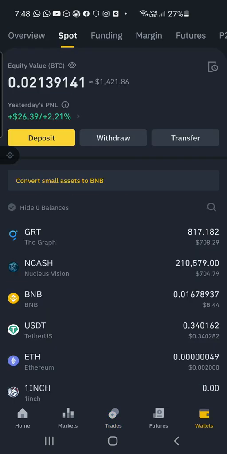Now you already have money in your wallet. You are set to get USDT, which is the currency that we trade with the most in our group. So how do you get these coins?